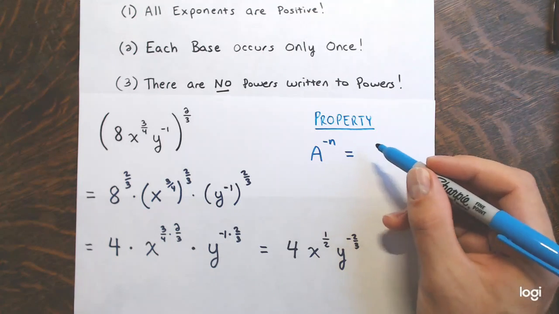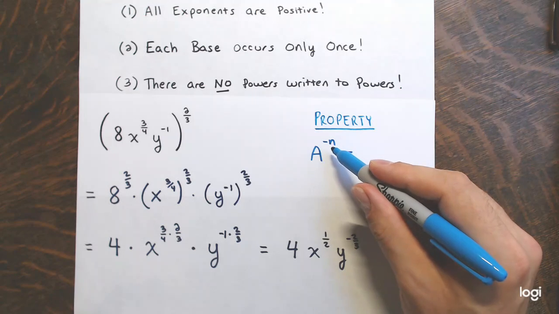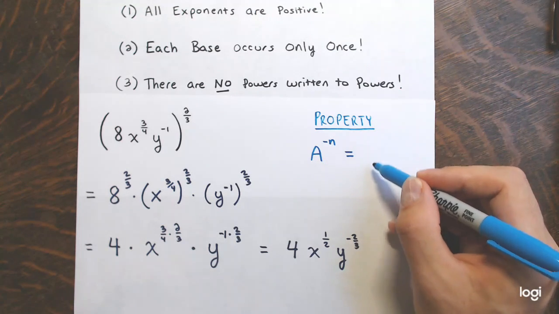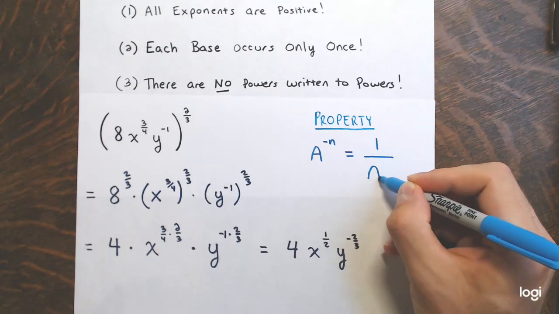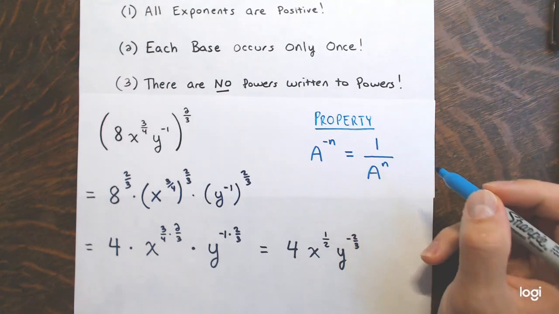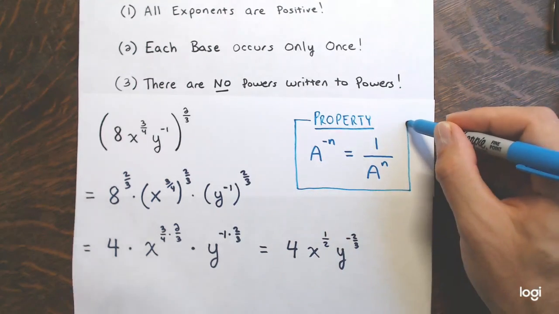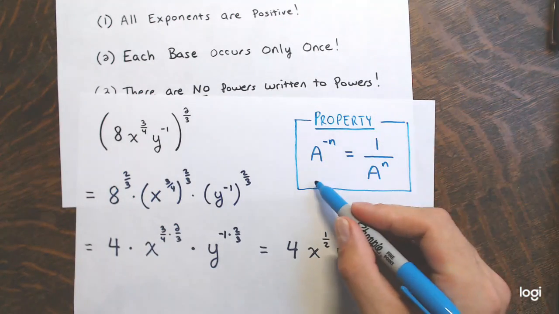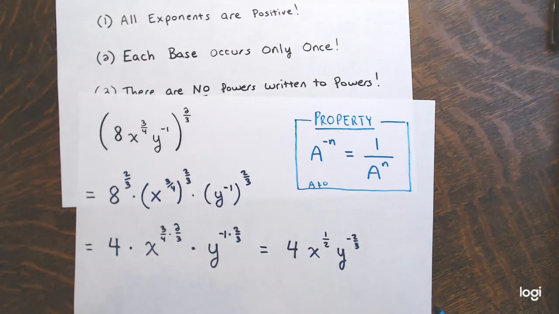This is equal to the reciprocal of the positive power, a to the positive n. So you take a to the positive n and flip it over, making it 1 over a to the positive n. And of course, a can't be 0, or you can't divide by 0.